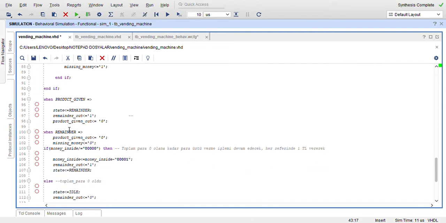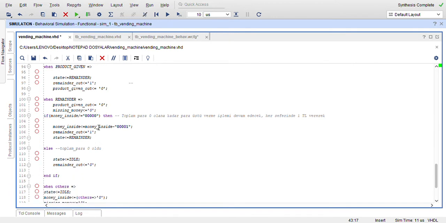Then we are going to write our next case, product given. If our product is given, state will be reminder in all possibilities. There is no if. Reminder output will be 1. Product given output will be 0. Then our reminder case: product given output will be 0. Missing money will be 0.